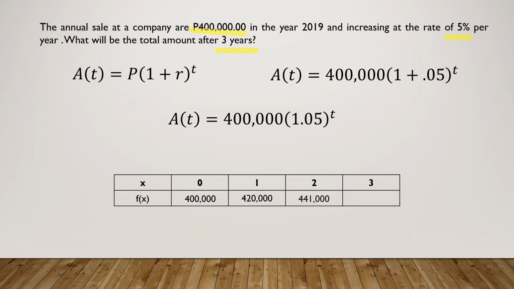After 2 years, we have 441,000 pesos. And makalipas ang 3 taon, meron tayong 463,050 pesos. Thus, kung mapapansin natin, pataas ng pataas yung value na nakukuha natin, it is an increasing function.